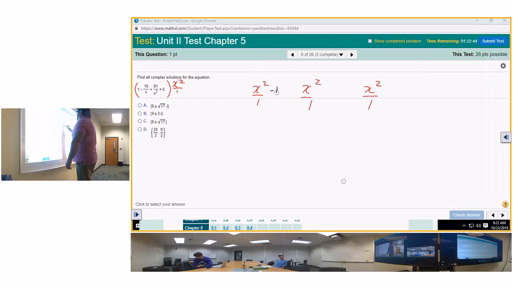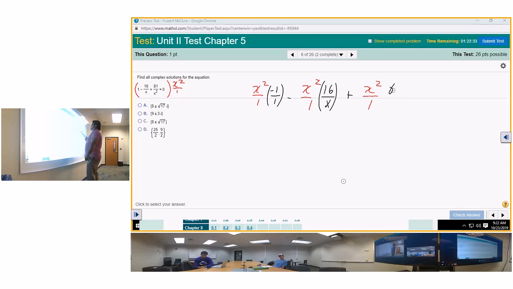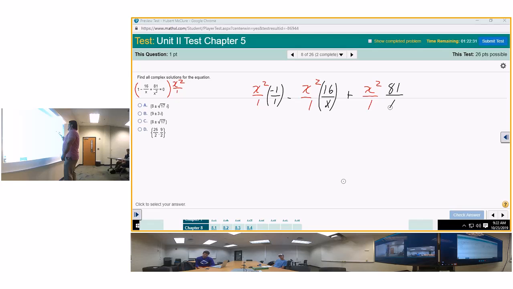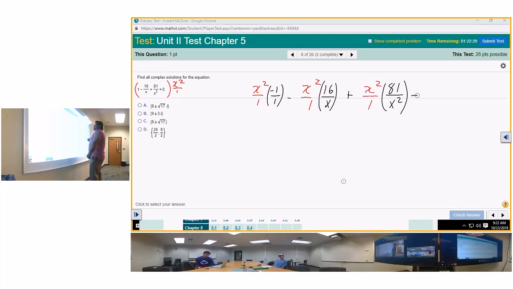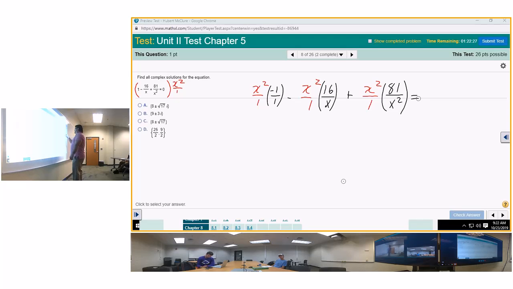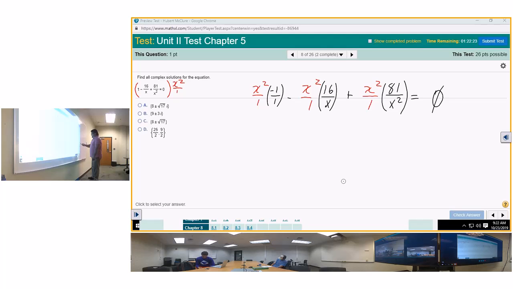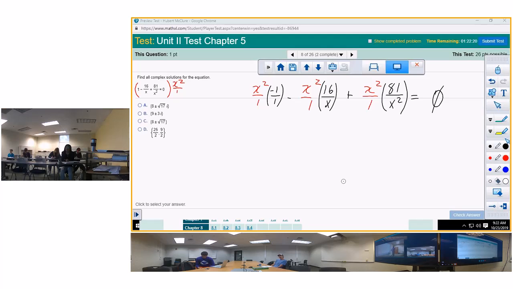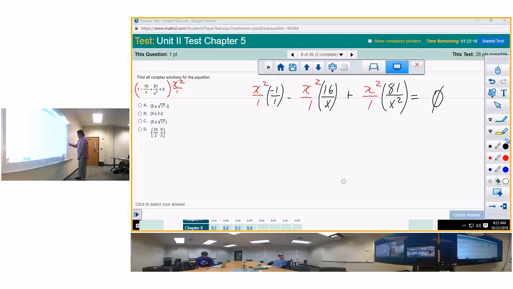Negative 1 over 1 minus 16 over x plus 81 over x squared equals, I'll do the right side for you, 0. Y'all amazed at how I did that, didn't you? Some of y'all need to put it in your calculator to check it.